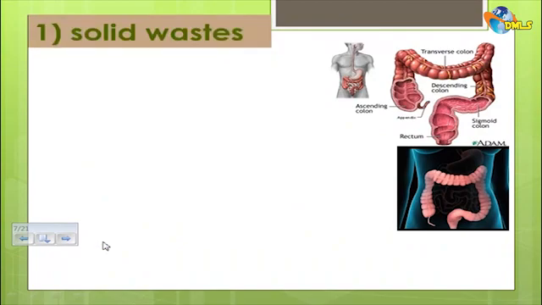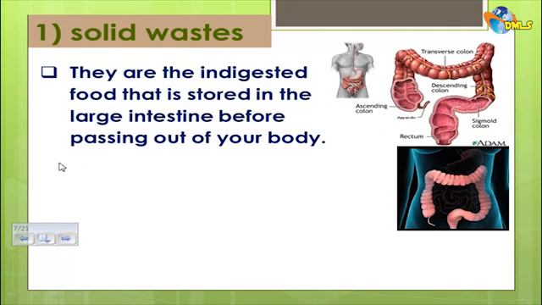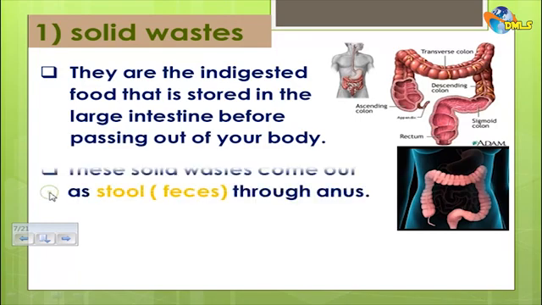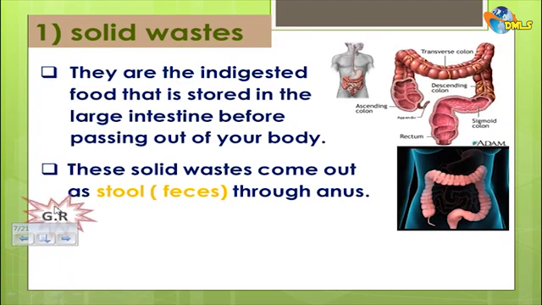Let's start with solid wastes. Like we said, they are the undigested food that's stored in the large intestine before passing out of your body. These solid wastes come out as stool or feces through the anus.